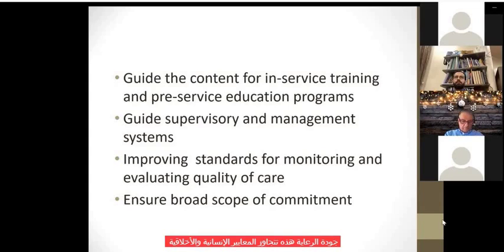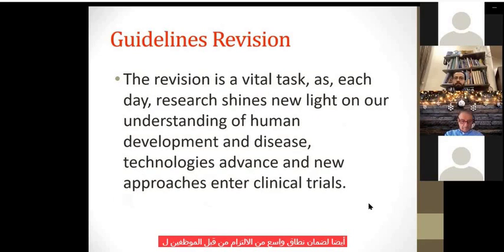This is beyond its humanitarian and ethical standards. Also to ensure broad scope of commitment by the staff for the procedures and the service to be presented for the patients.